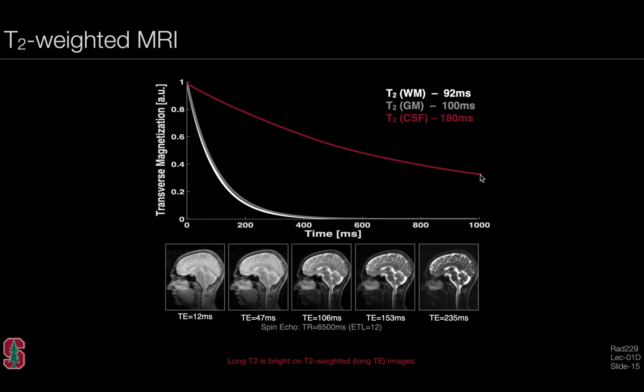And if we wait till extremely long times, then we essentially accentuate the CSF signal only while suppressing largely the white matter, gray matter signal, owing to the fact that signal has decayed so substantially relative to its relaxation time constant. And so this is a nice example and a reminder that long T2 is bright on a T2 weighted image. And a T2 weighted image generally accords with having a long TE, a long or intermediate TE.